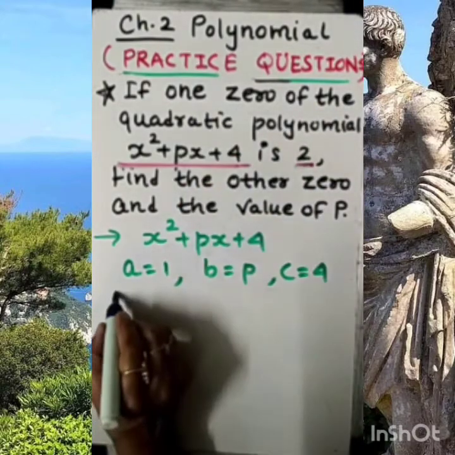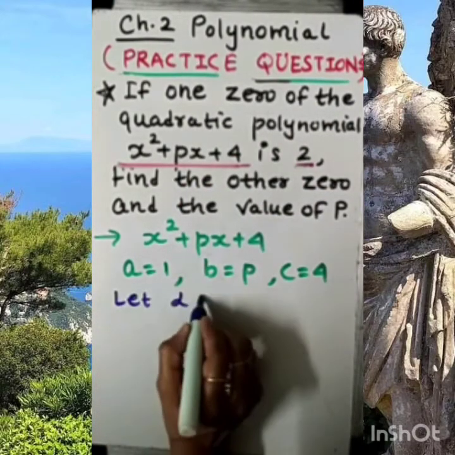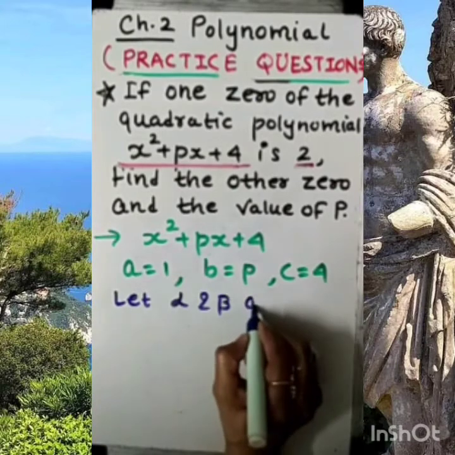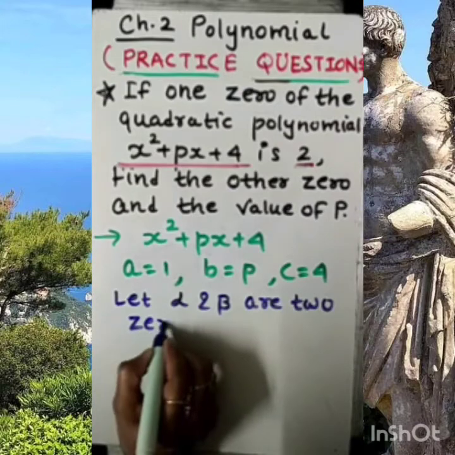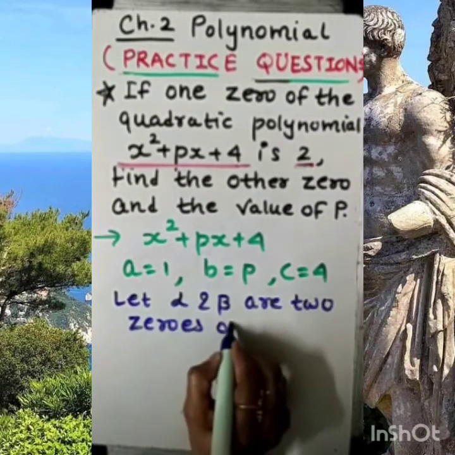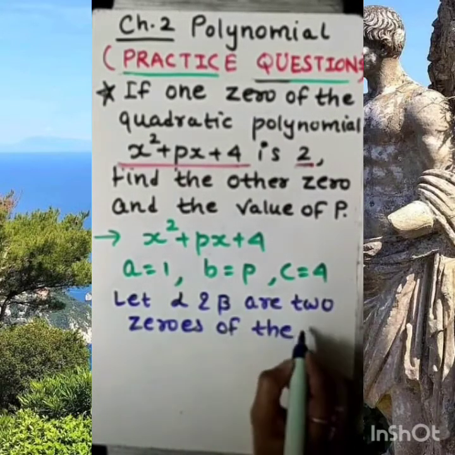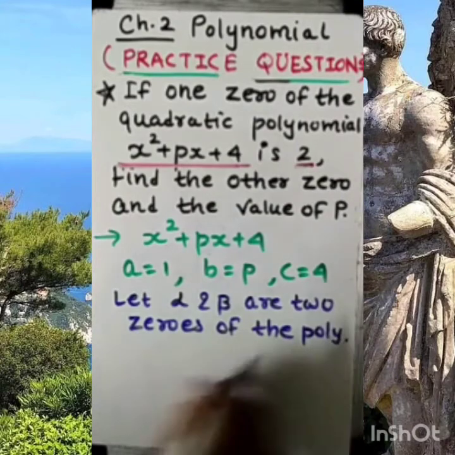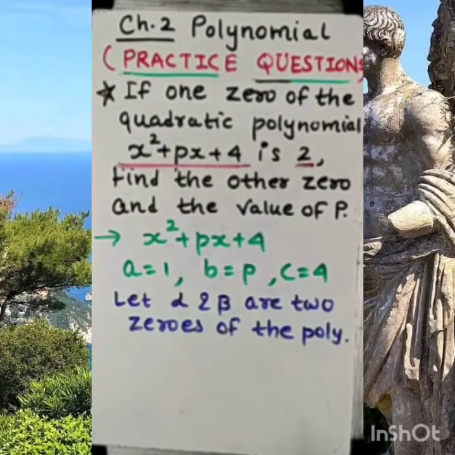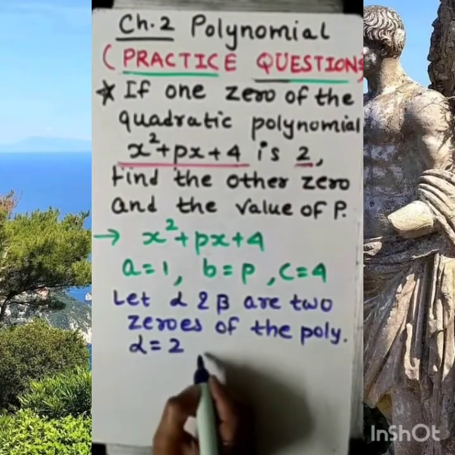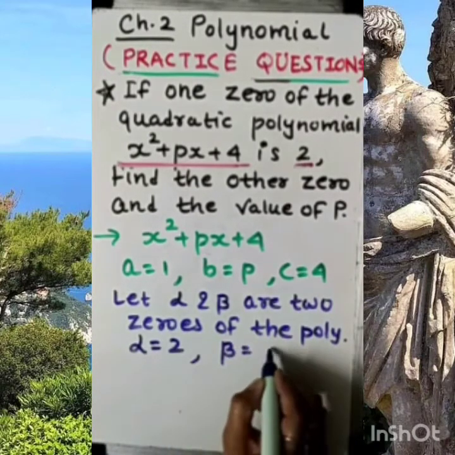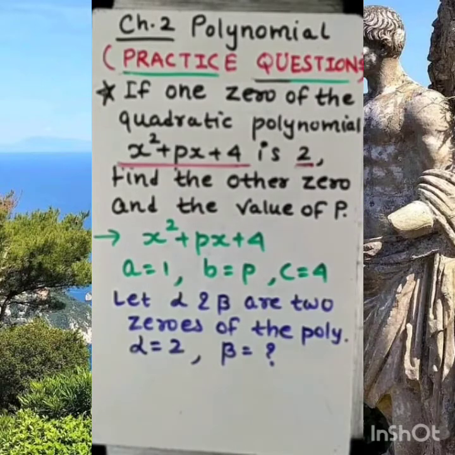So we will consider, let alpha and beta be the two zeros of the polynomial. Here one of the zeros, alpha equal to 2, we are given, but beta we are not given, that is a question mark.